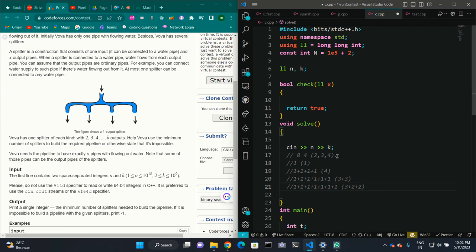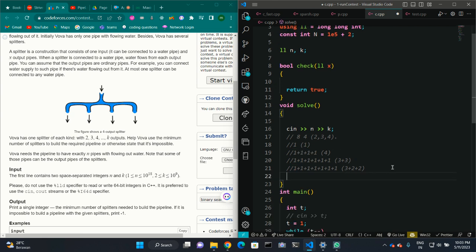What's happening is, suppose there are X output flows. After adding any splitter, one will be overridden by the splitter. Suppose I added a k splitter, this x will change to x minus 1 plus k.